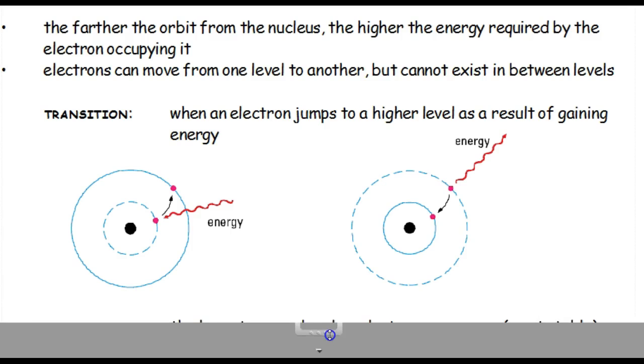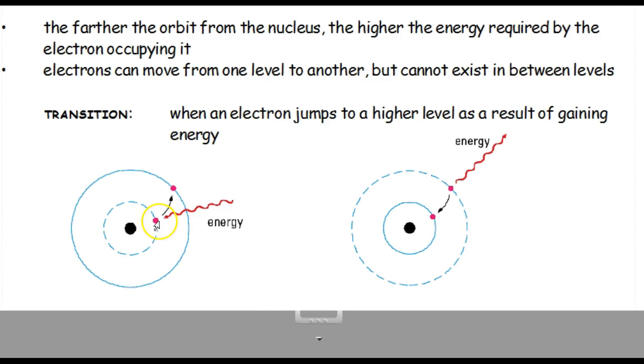Well, hopefully you've had time to think about it, and I'm going to help you think about it by looking at this picture here, right? So we know that the nucleus contains positively charged protons. So our nucleus contains protons and they're positive. And our electrons are negatively charged. So if you're an electron and you're negatively charged, you're really attracted to the nucleus right here. You really want to be close to that nucleus.